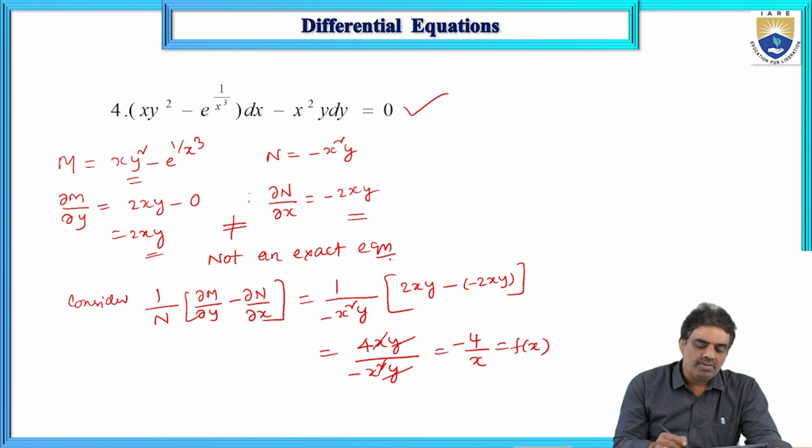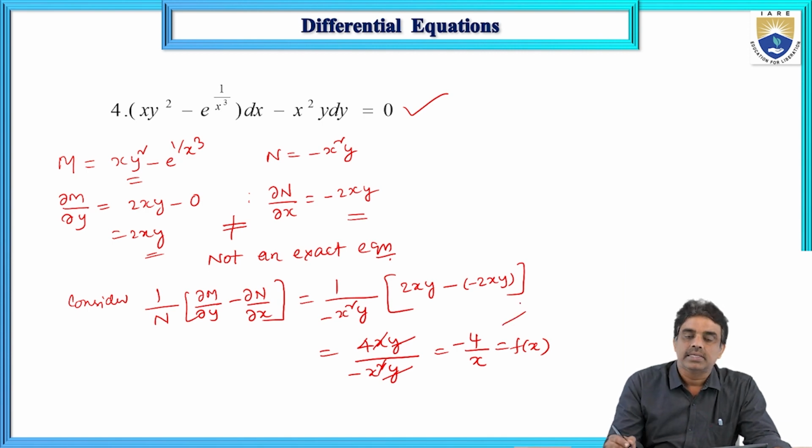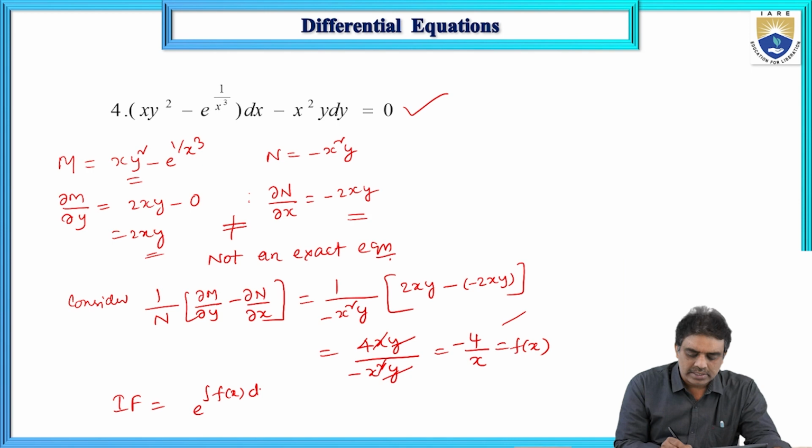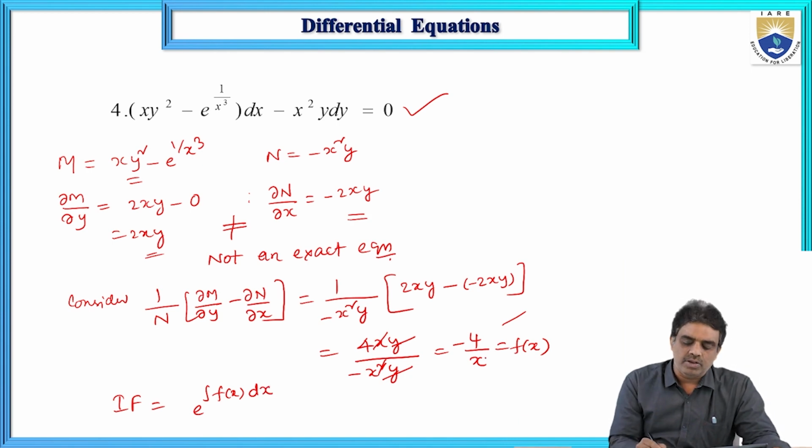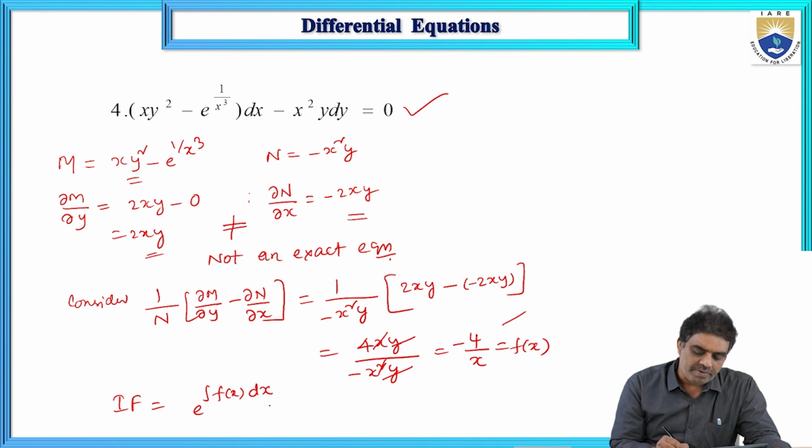We have that model: if (1/N)(∂M/∂y − ∂N/∂x) is a pure function of x, then the integrating factor is e^(∫f(x)dx). So e^(∫−4/x dx). Am I right?